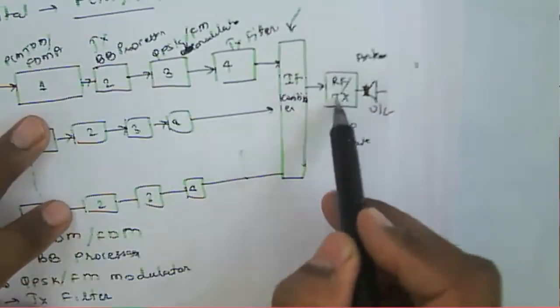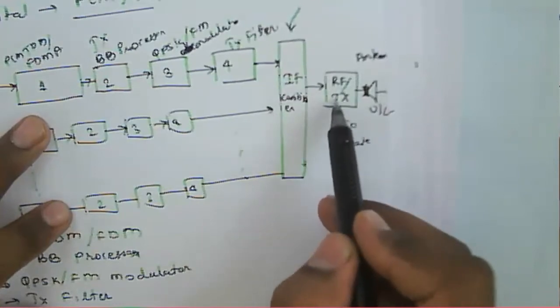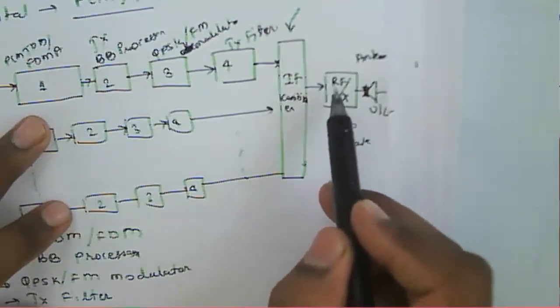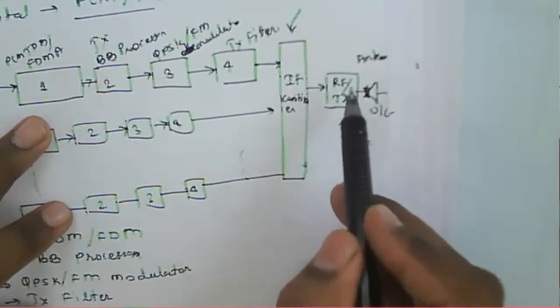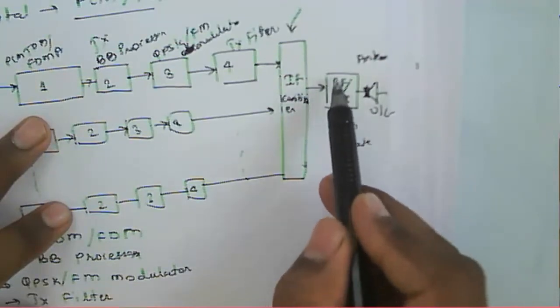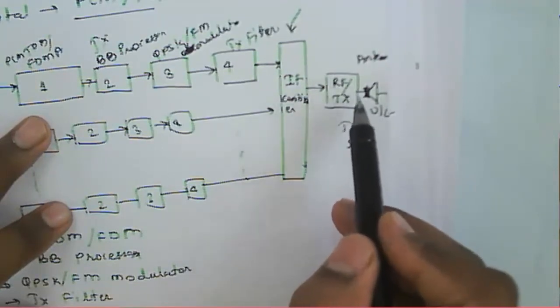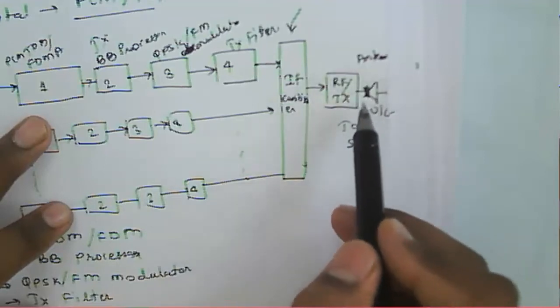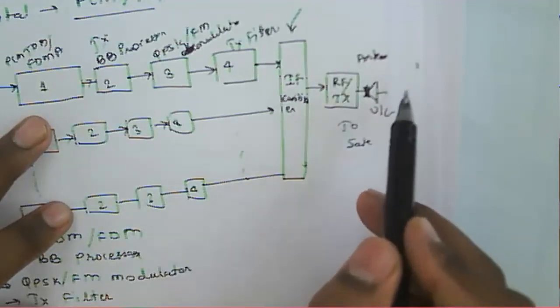Now this RF transmitter module has the up converter, the local oscillator, and the power amplifier. After up conversion it will be amplified and transmitted to the antenna there.